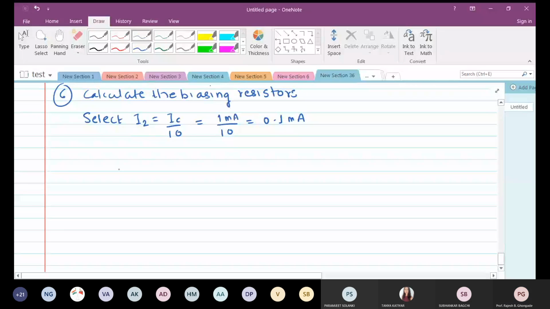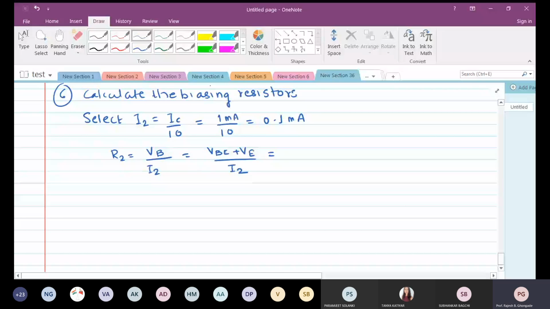All right. So R2 can be found out now as VB divided by I2. And this VB is nothing but VBE plus VE, divided by I2. We have already calculated VB. We know already VE. We have already fixed the value of VE. So what are the values?